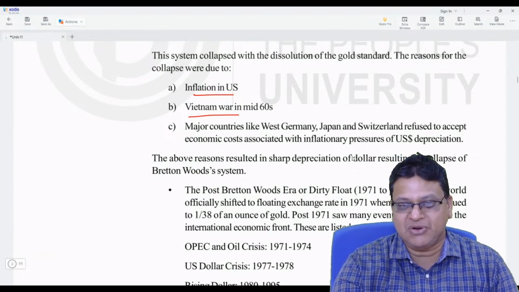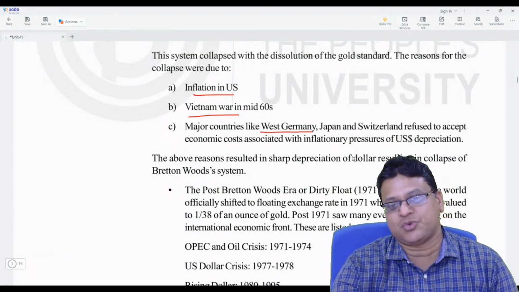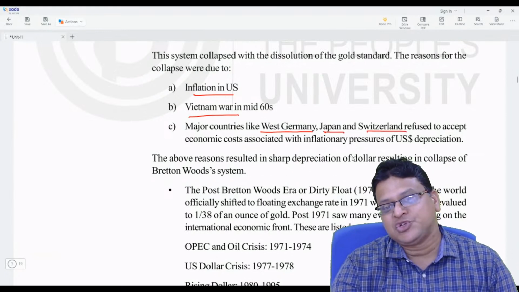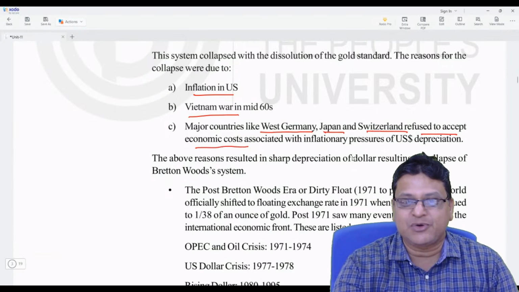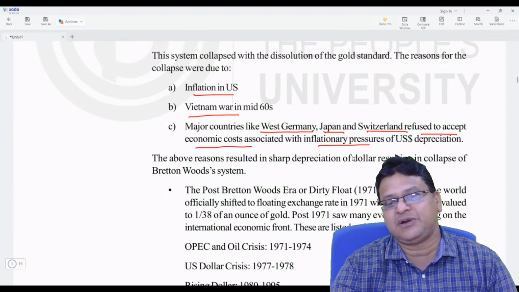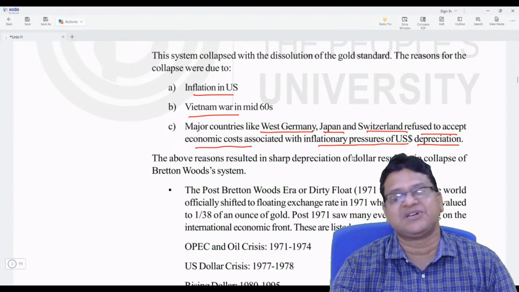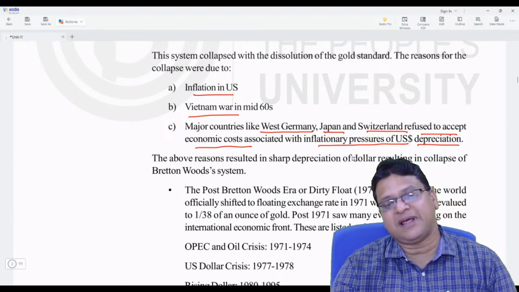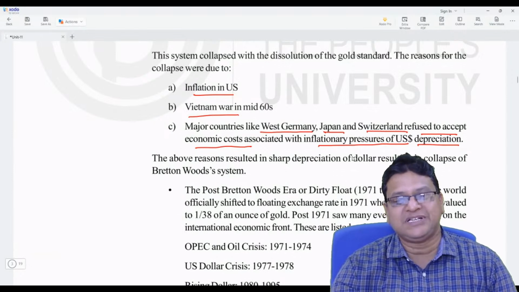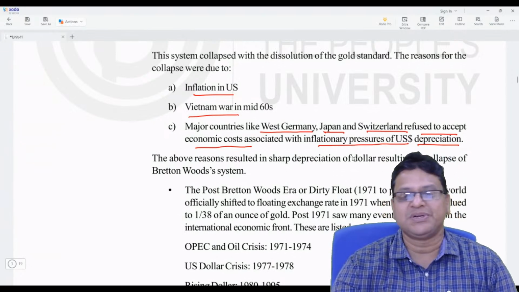Next, other major economies like West Germany, Japan, and Switzerland refused to accept the economic cost associated with the pressure on the US dollar. They said that they would not follow the US dollar and would not peg their currency in relation to the US dollar.